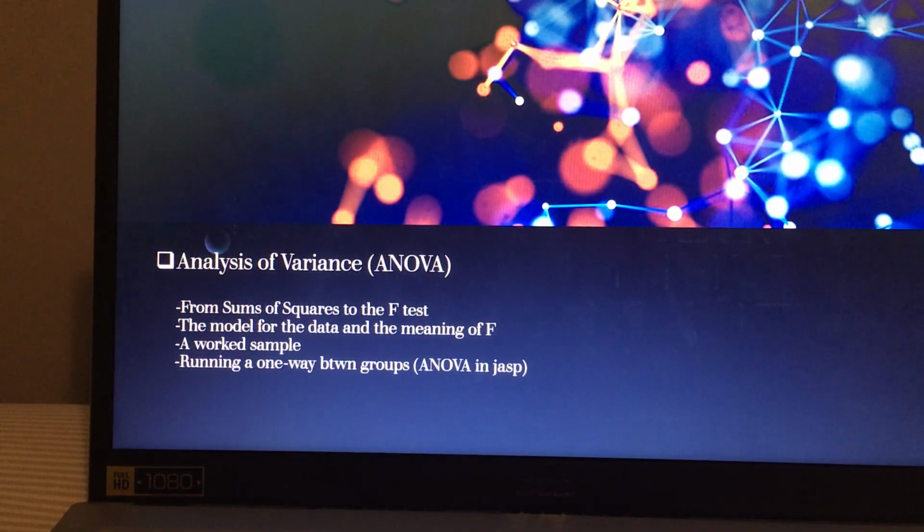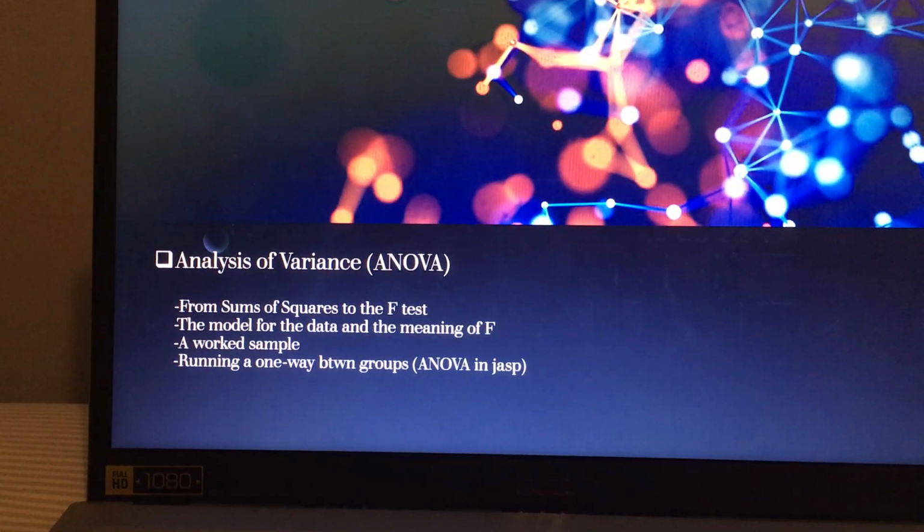So if we call this quantity big Q, then we can see that the F statistic is basically this equation. F equals the estimated Q plus the estimated sigma squared, divided by the estimated sigma squared, where sigma denotes standard deviation.